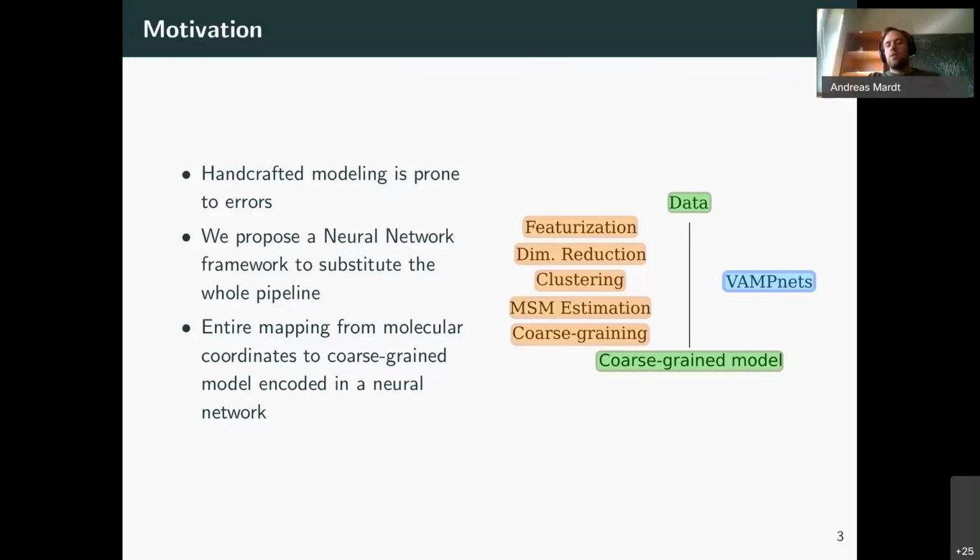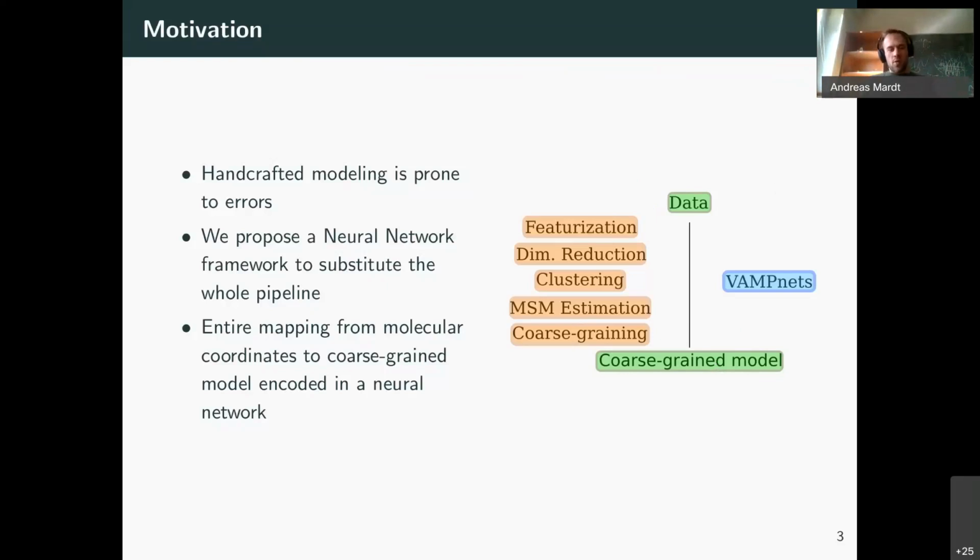This is what VAMPNets aims at: it tries to replace this pipeline with one method. We will do so by using neural networks, which you've definitely heard of.